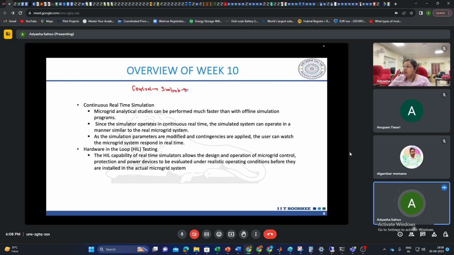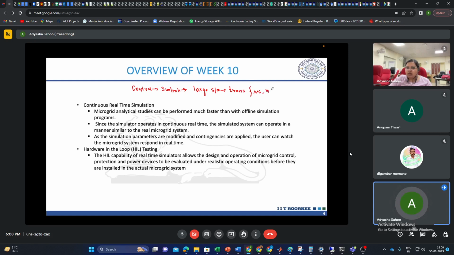this Simulink platform will use the computational ability of the system that it is being used on. So when we go for computation like larger test systems, for larger systems where we want to conduct transient studies, as we know for transient studies, the timestep or the period of operation is very low, in the order of microseconds or milliseconds basically.